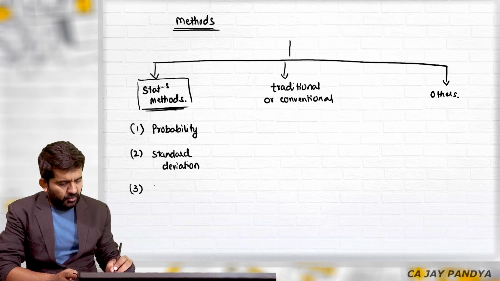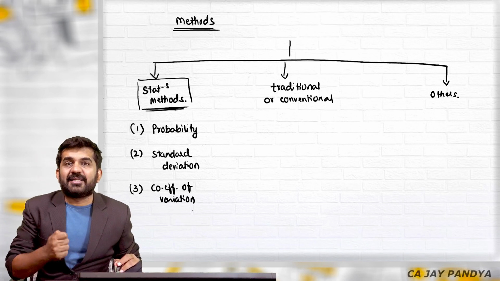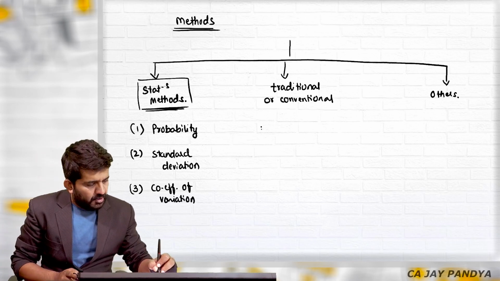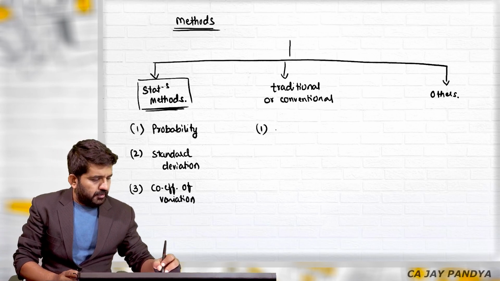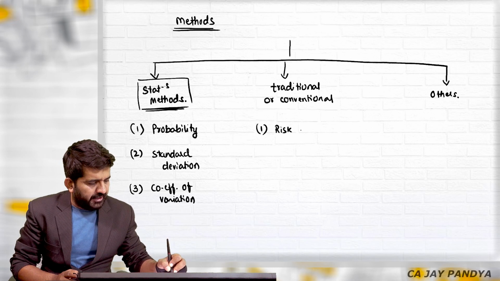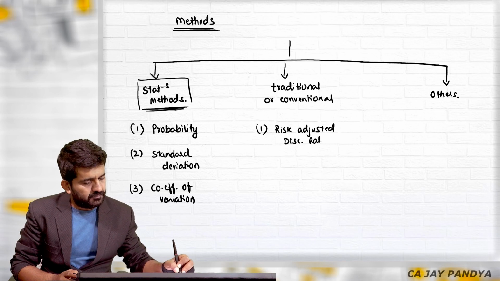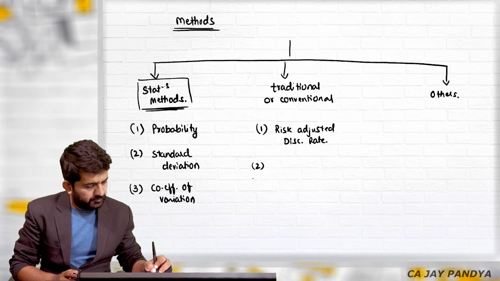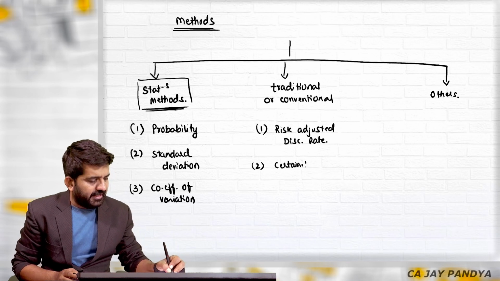Number 3 is coefficient of variation. Those are all which method? Statistical method. What are traditional methods? Risk adjusted discount rate, number 2 is certainty equivalent method.